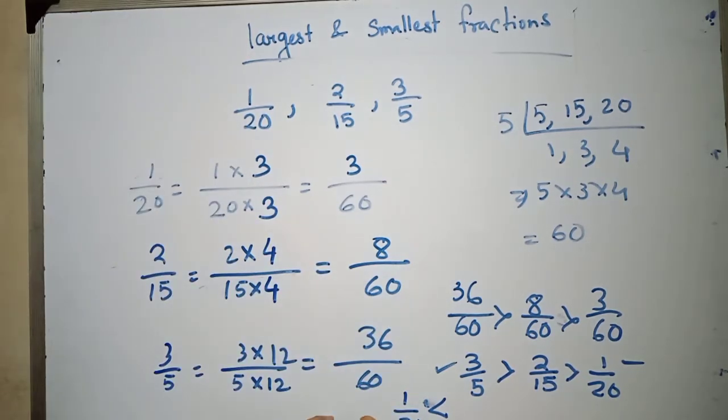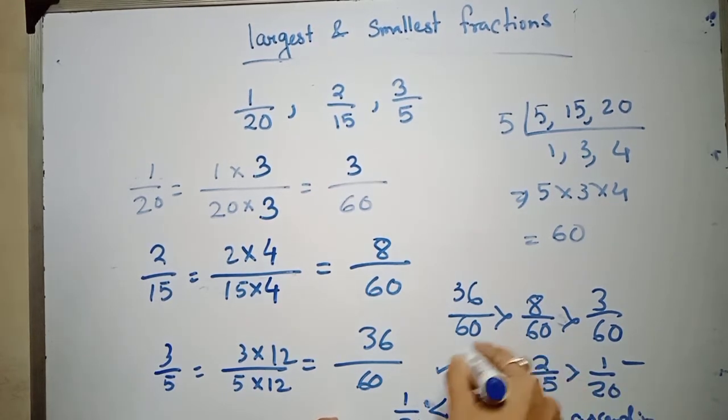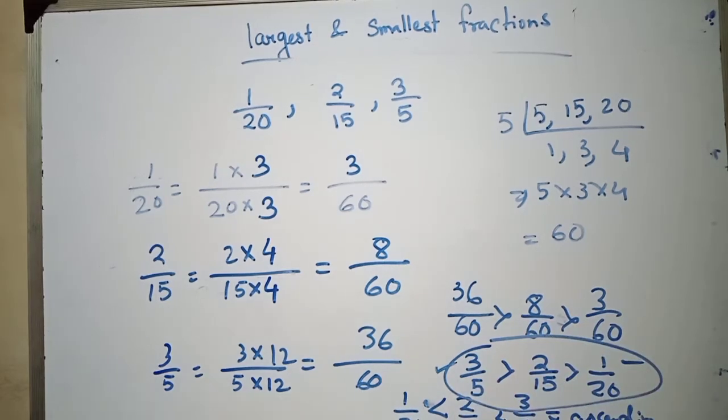So this is the smallest number. This is smaller than 2 by 15, and this is again smaller than 3 by 5. So this is my ascending order. And this one that I have written here is the descending order.